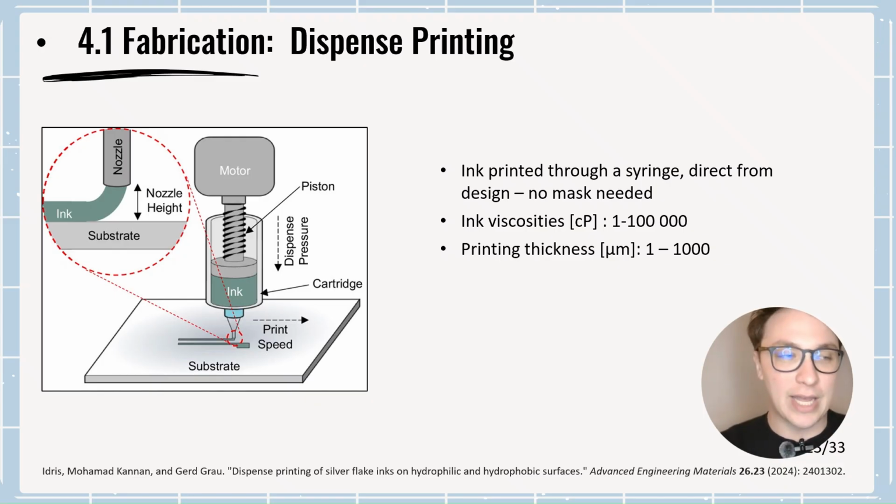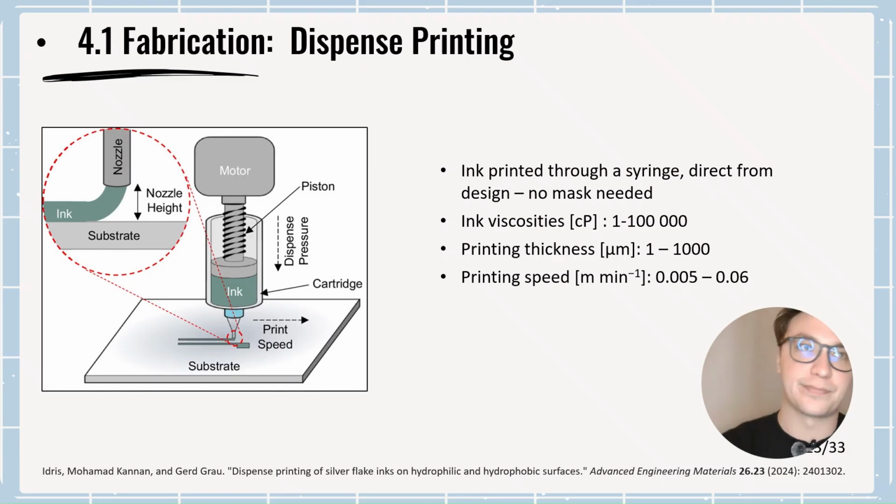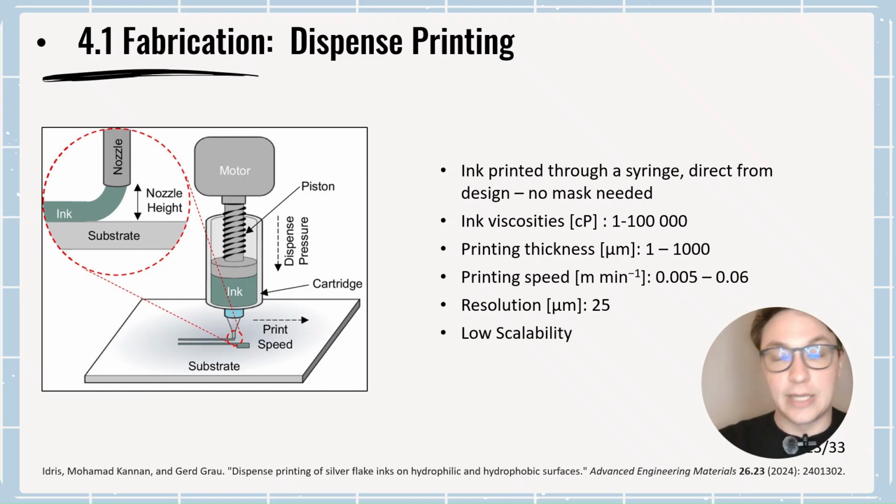So we can create very bulky electronics with this, from 1 micron to 1 millimeter scale. The printing speed refers to the speed of the textile underneath, which is quite fast, I would say. The resolution is not that high, that low, sorry, so 25 micrometers, and it has the drawback of very low scalability, and it's slow, of course.